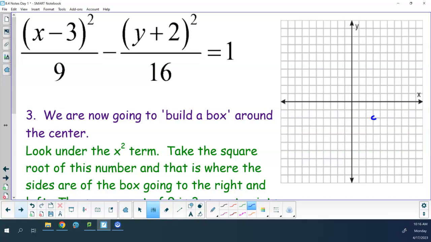Now in steps 3 and 4, we are going to build a box around that center. This box that we build is a quote no-fly zone, meaning there will be nothing that you draw inside of the box. So just so you know, the hyperbola will not go inside of your box. First off, we're going to look underneath the x squared term. For us, that number is 9.